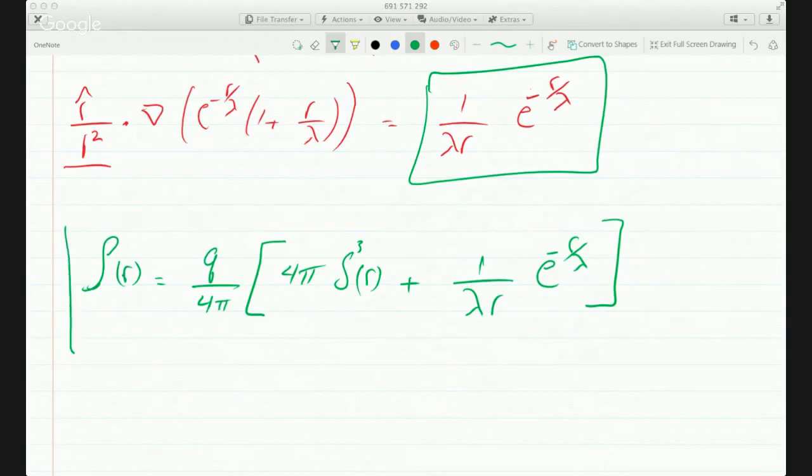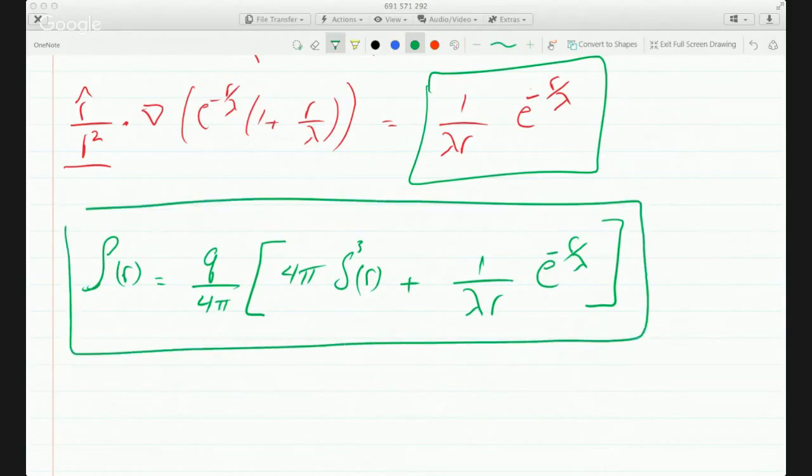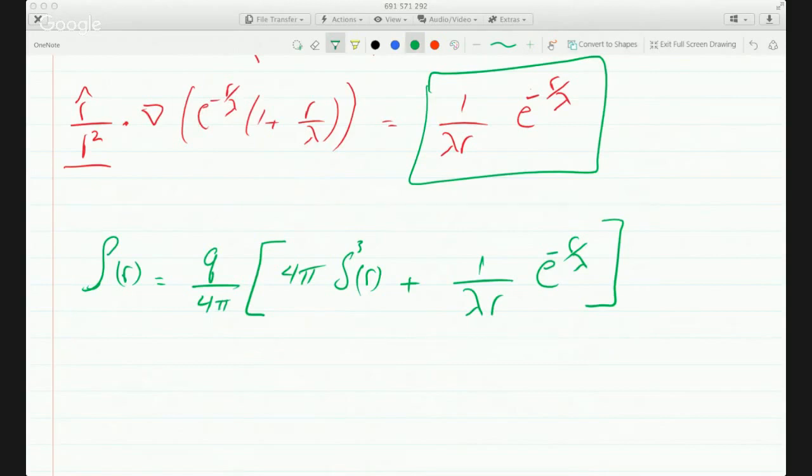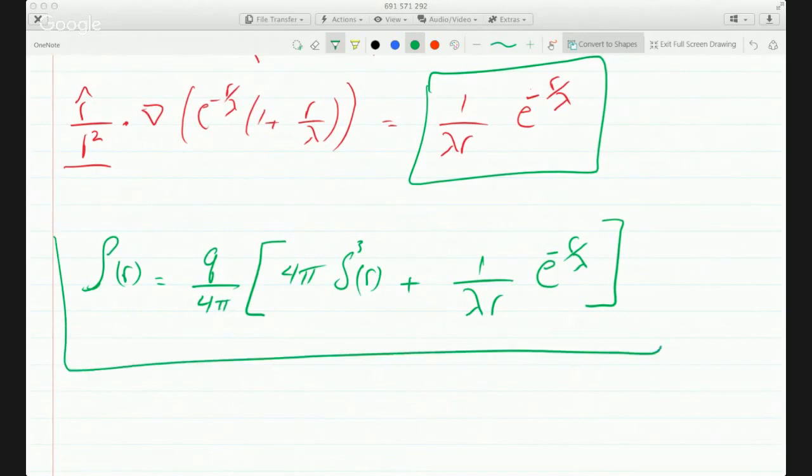This would be my charge distribution for this electric field.